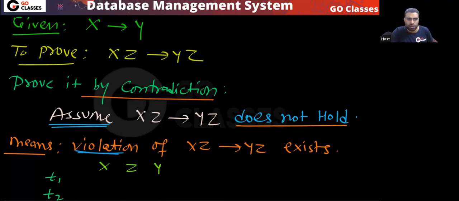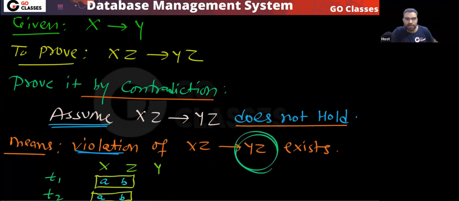So let me take these 2 tuples. To create a violation of this, in these 2 tuples I will keep this combination the same, for example AB, AB. Then I will try to make this combination different.